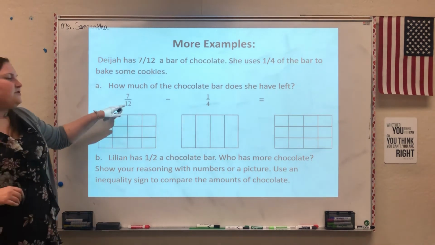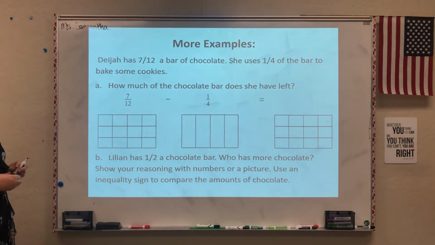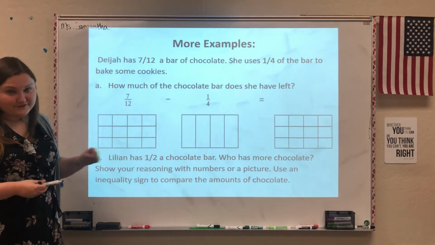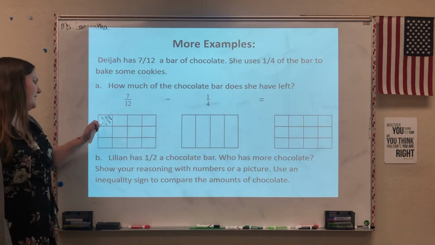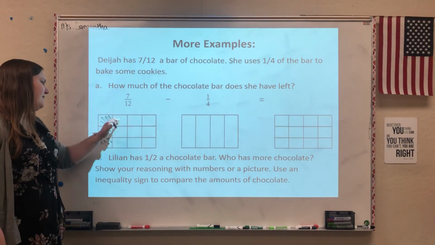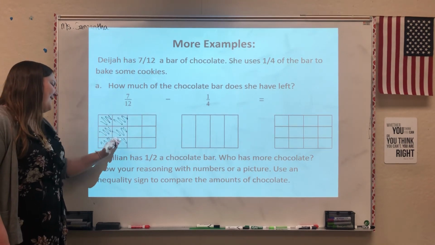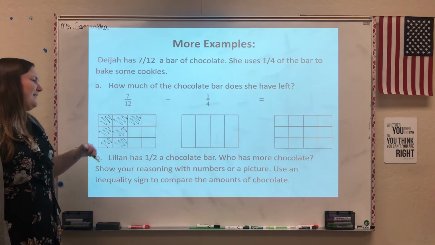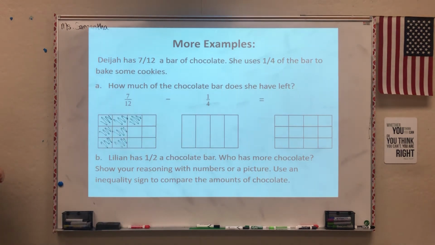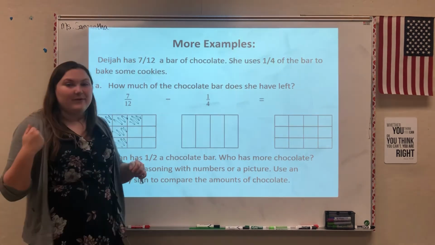Well, we've got 7/12. 7/12 looks like me coloring in 7 out of these 12 squares. So 1, 2, 3, 4, 5, 6, 7. Now it's telling us she used 1/4 of the bar of chocolate. So she's taking away 1/4 of that bar.